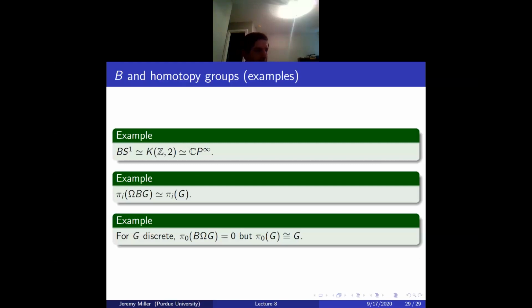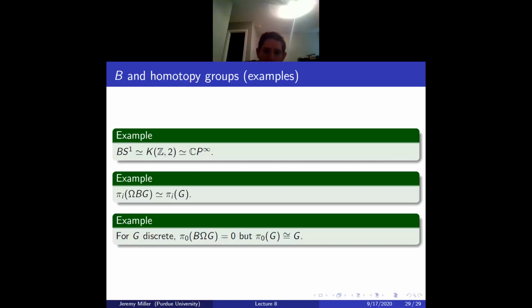If you shift up and then down, you don't lose information. But if you shift down and then up, you do lose information, because you send things to negative degrees and then send them back up. But there aren't negative homotopy groups, so you end up losing that information.